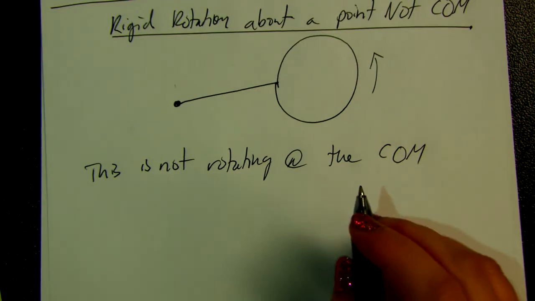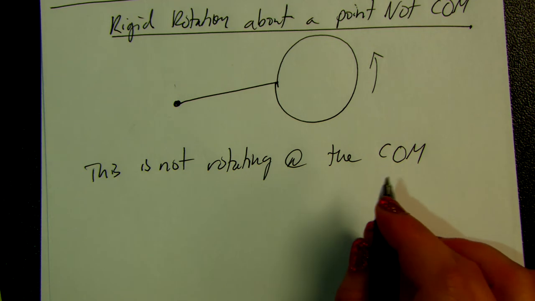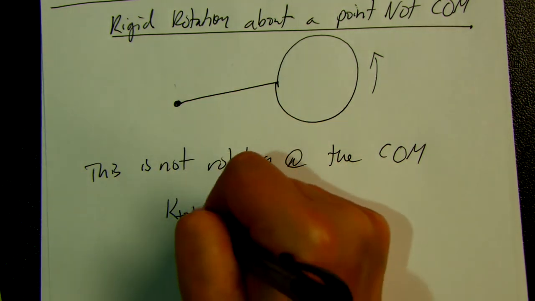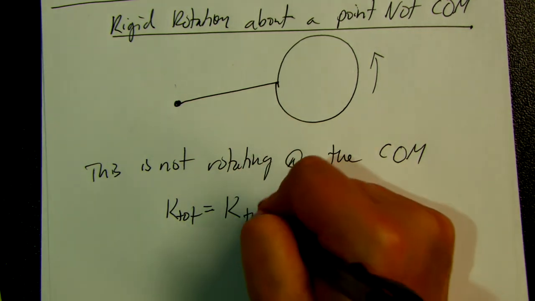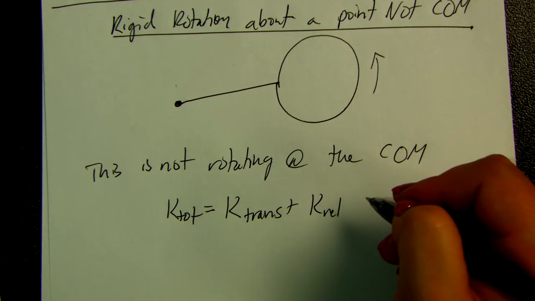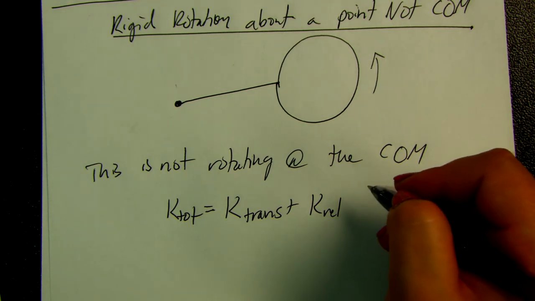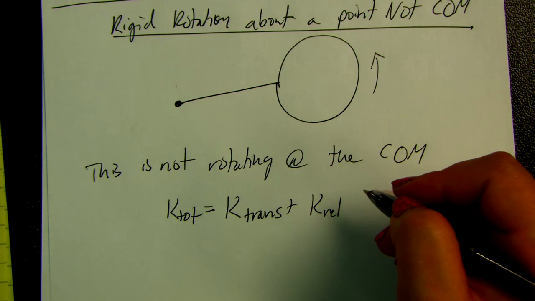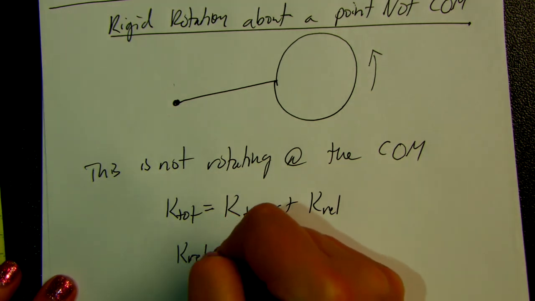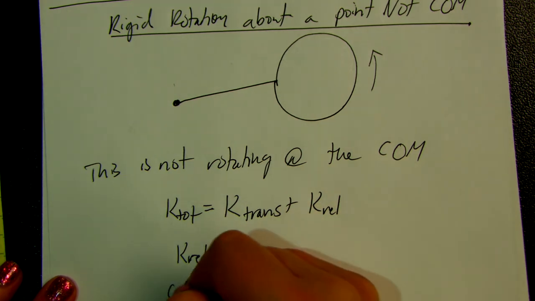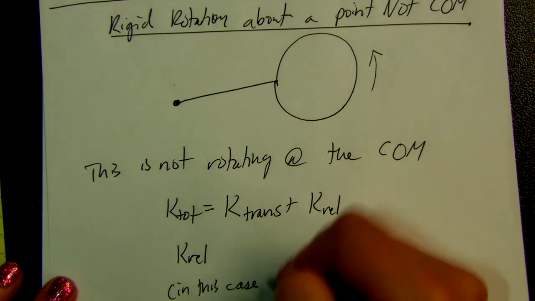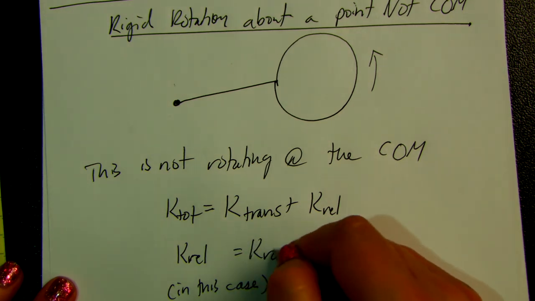So let's talk about how we go after kinetic energy. We can start from the general expression. Kinetic energy total is equal to K translational plus K relative. K relative, in this case, is equal to K rotational.